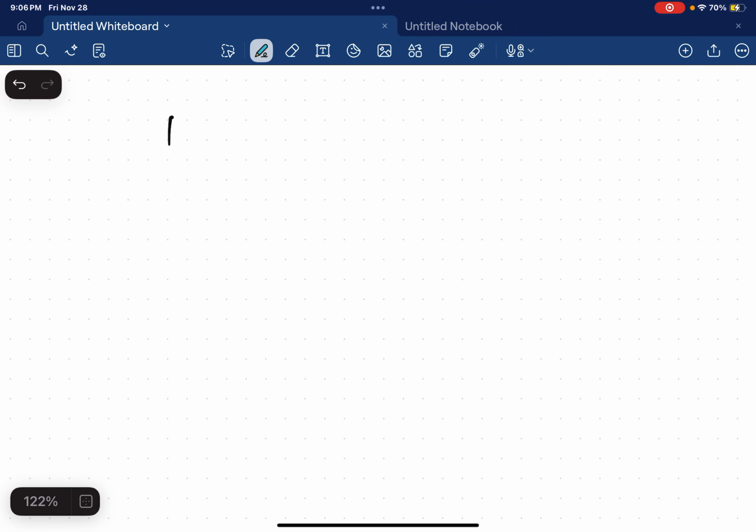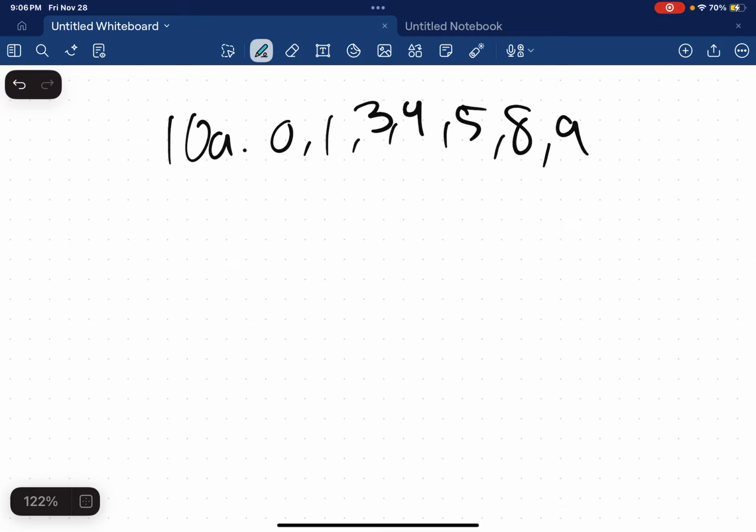Okay, on to 10A. 10A says, how many 4-digit numbers can be made using the digits 0, 1, 3, 4, 5, 8, and 9? Okay. Since it's going to be a 4-digit number, we're going to have to take out 0 in our first position. There are 1, 2, 3, 4, 5, 6, 7 digits to use from.